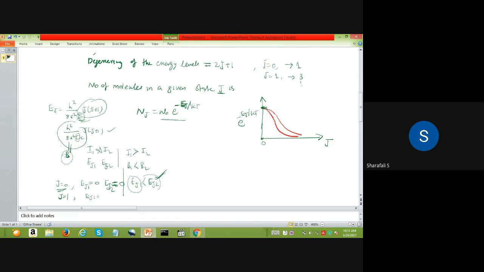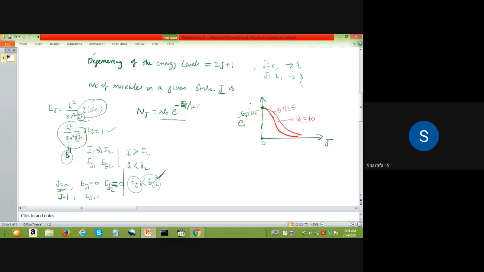So this is for B equal to 10. This is for B equal to 5. When B is higher, your EJ is higher, so the decay will be quick. Decay rate will be high, so that it will quickly go to this zero or minimum value. But when your B is smaller, then it will go like this.